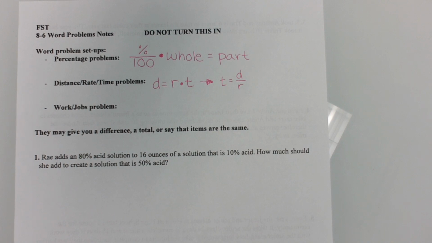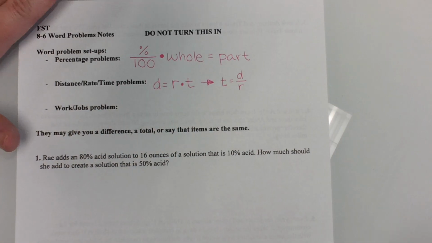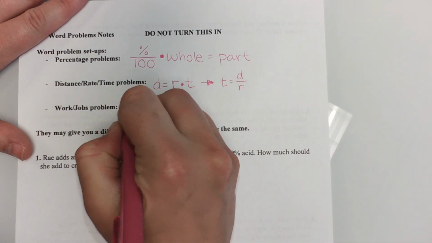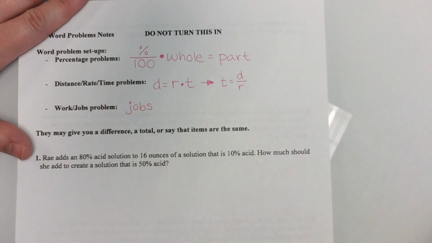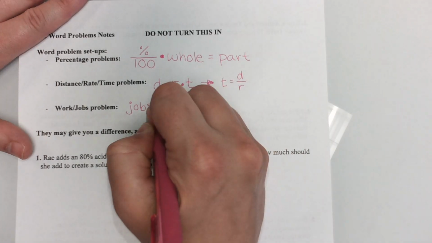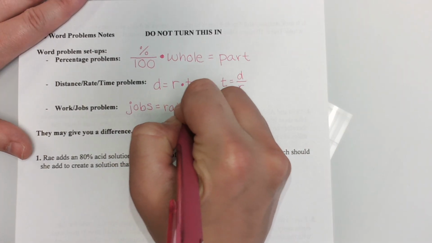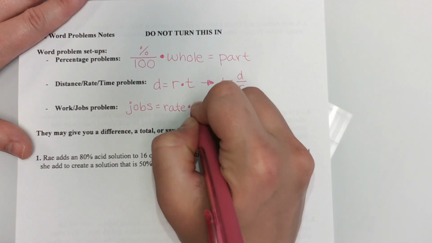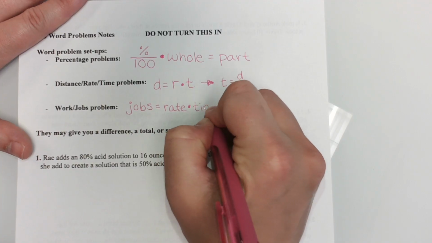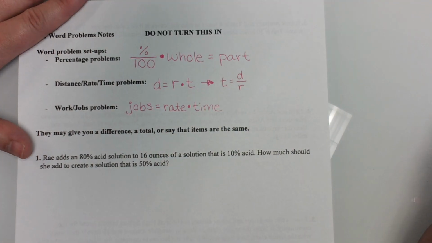And then there's the work and the jobs to be done problem. This one is similar in idea to distance, rate, and time. It doesn't have a generic formula. It's however many jobs you need to get done is going to be equal to the rate at which you do it times the time that you take.